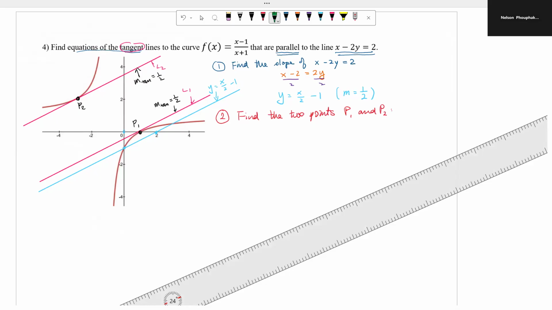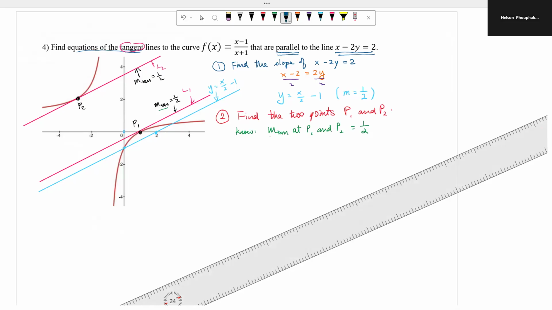What information do I know about these 2 points right here? I know that the slope of the tangent at P1 and P2 is actually equal to 1/2.